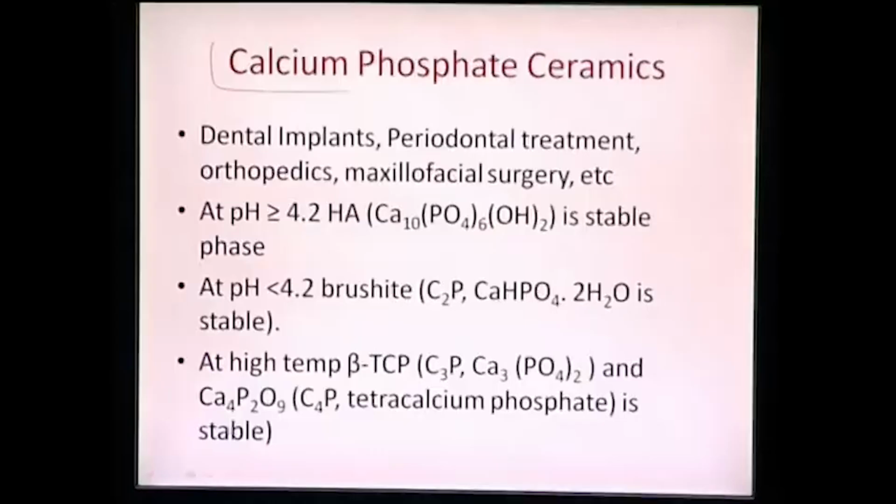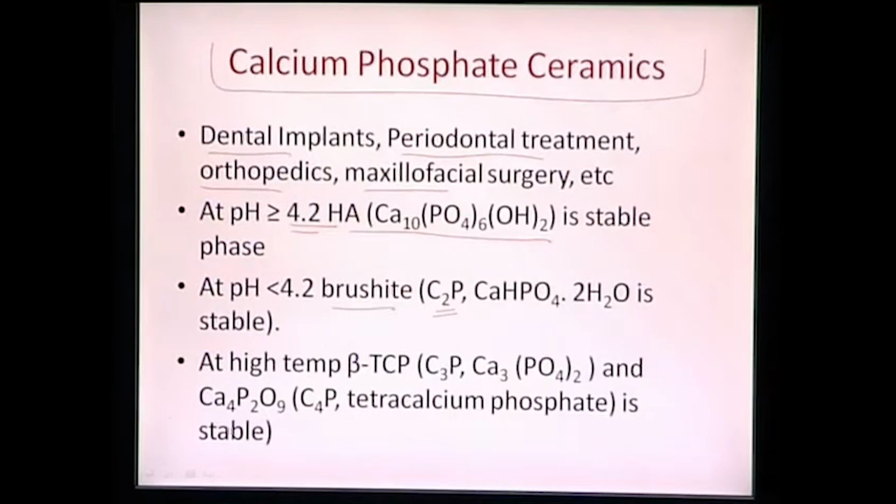And in the bioactive part, we also have calcium phosphate ceramics, and again calcium phosphate has been utilized in dental implants, periodontal treatments, orthopedics, maxillofacial surgeries, and all that. At more than 4.2 pH, we see that hydroxyapatite, which is Ca10(PO4)6(OH)2, is stable. At less than 4.2, we have brushite, which is CaHPO4·2H2O, stable.